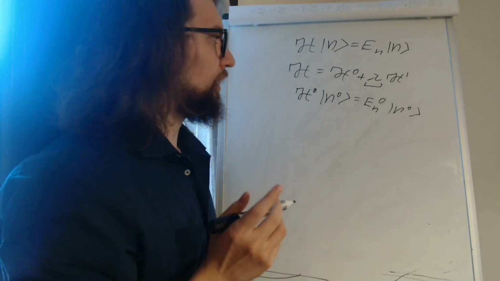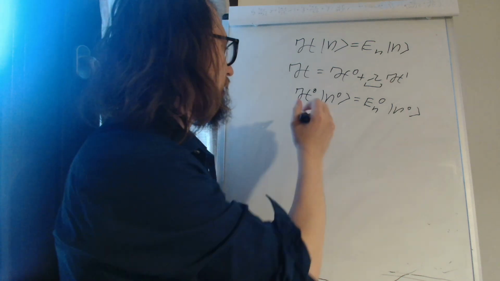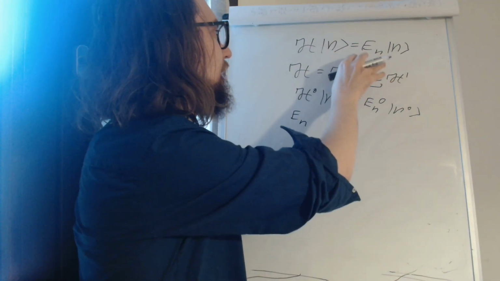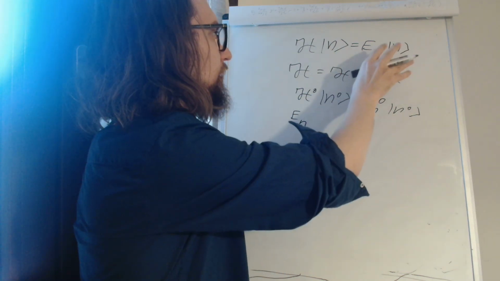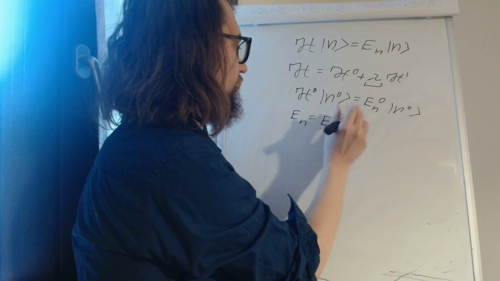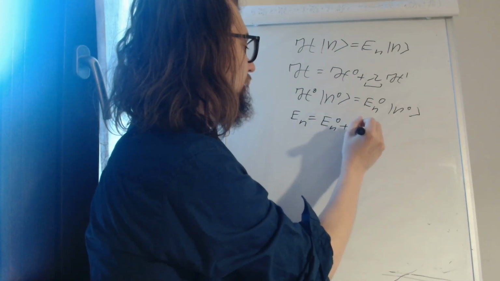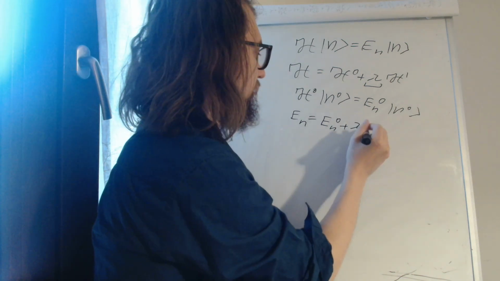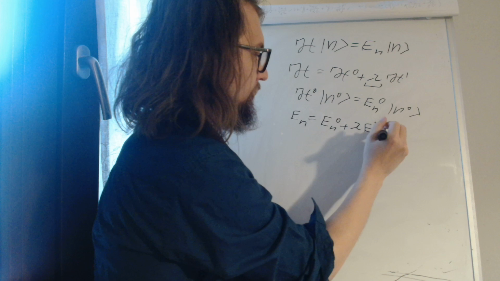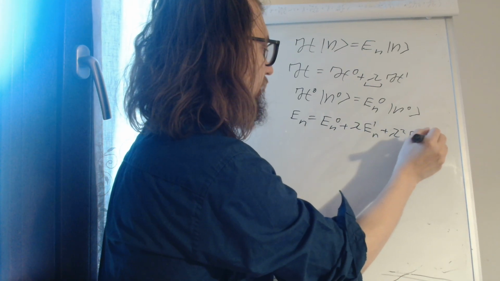Now we make another hypothesis, which is that we can write En, the eigenvalue associated with the eigenstate n, as En0, the unperturbed eigenvalue, plus other perturbation terms: lambda times the first order perturbation term En1, plus lambda squared En2, and so on.